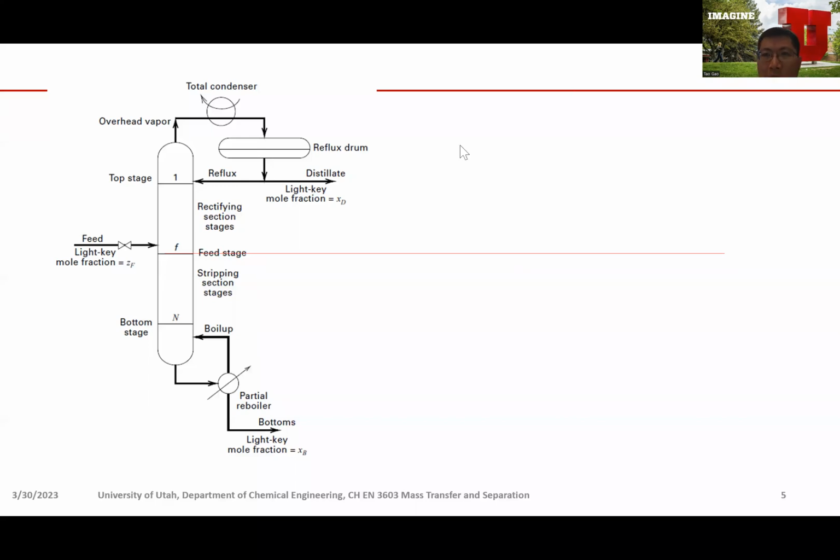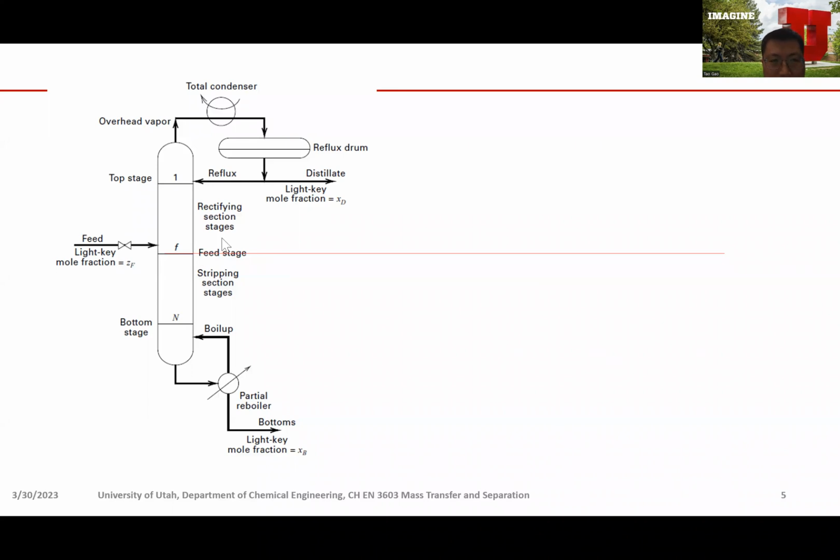Okay, in our last recording, we talked about how a distillation tower is basically three processes combined, using the feed stage as a boundary.